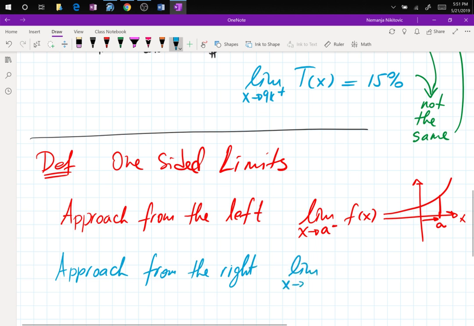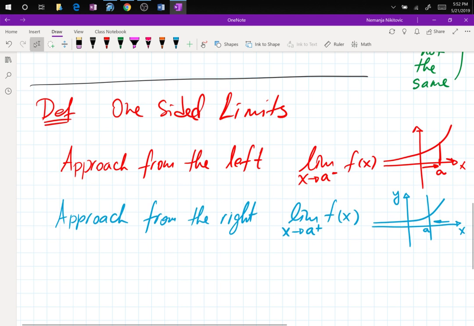Well, you are approaching the value from the right. So your values on the right are this way. Yes. So your x is bigger than a in this case. So those are the one-sided limits.